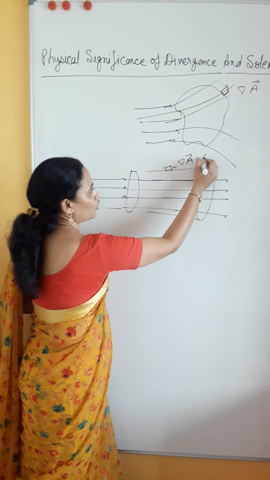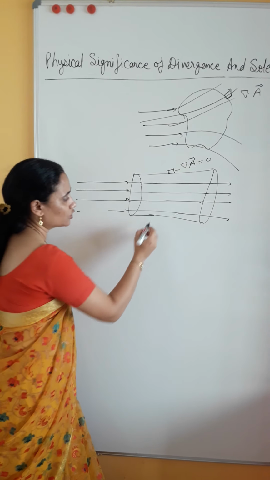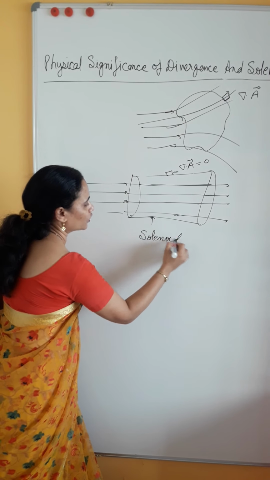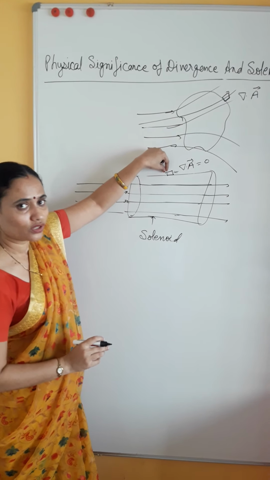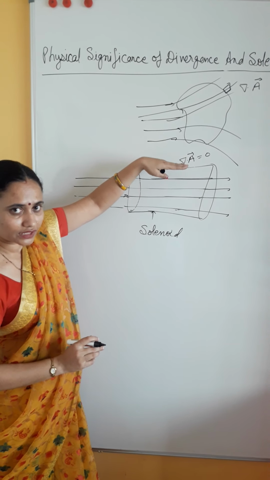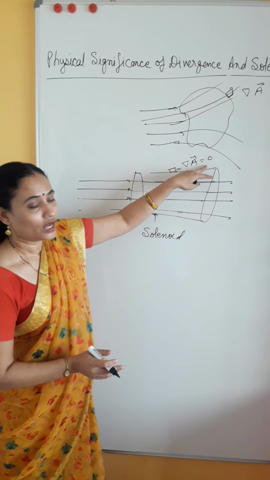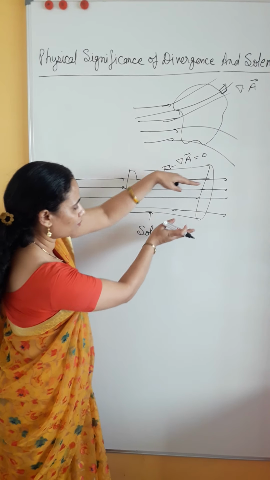So what type of shape is this? If you remember from physics, this type of shape is called a solenoid. So if fluid is flowing and there is no divergence on the surface of that shape, then we say that divergence is 0. And divergence is 0 when the shape is like that.